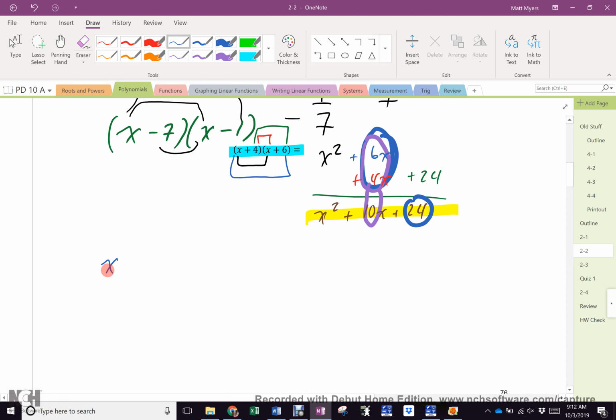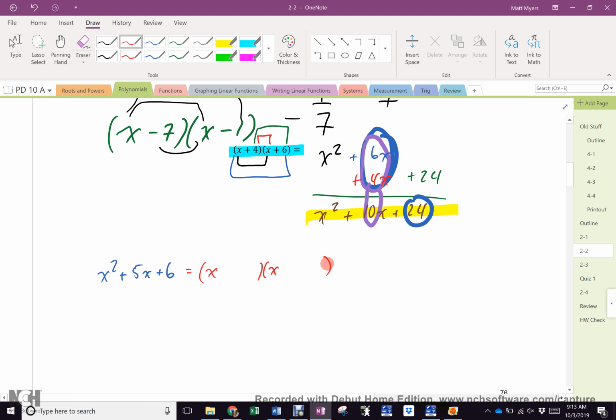Let's do the ones that we did with the tiles earlier. We did x squared plus 5x plus 6, yes? Okay. Now, knowing what you know now, you are aware that this is going to break down to x, and then two other numbers, right?